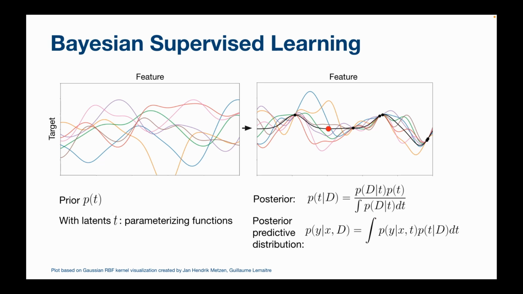And what we're really interested in here is not the distribution over these mappings, because that's very abstract, but a distribution over the output. So given the data set and given my input, so given all these black dots and given that I want to evaluate at this position, what's my distribution for Y? That's what interests us here.